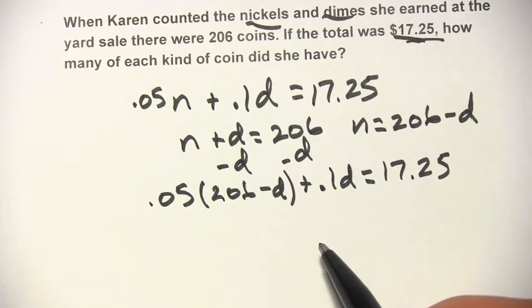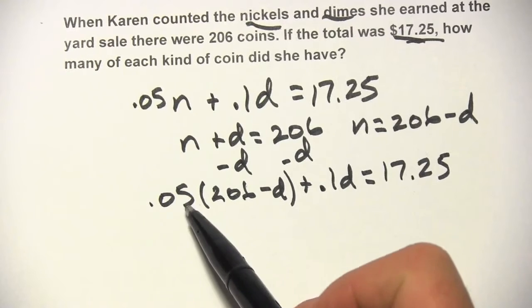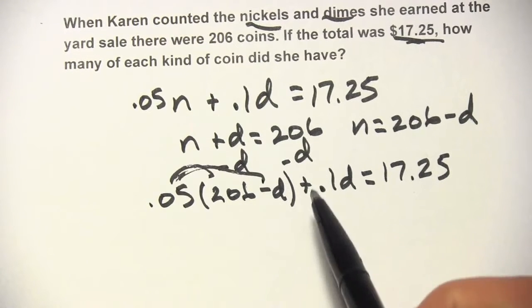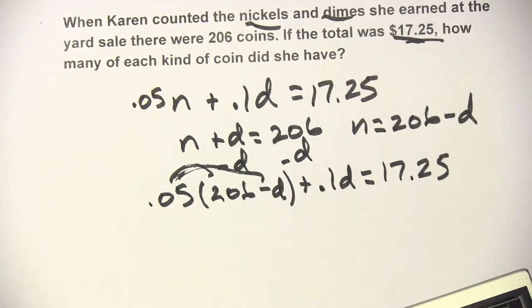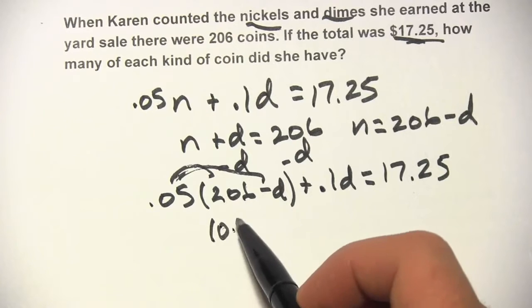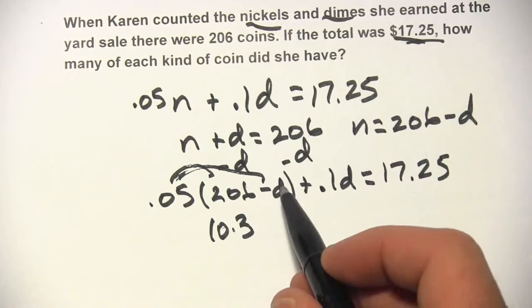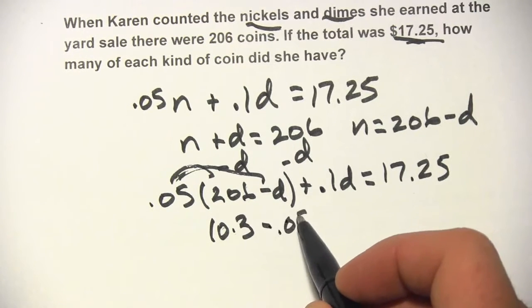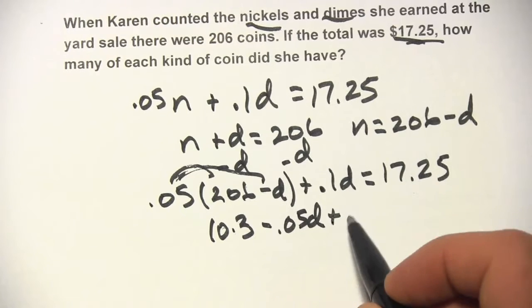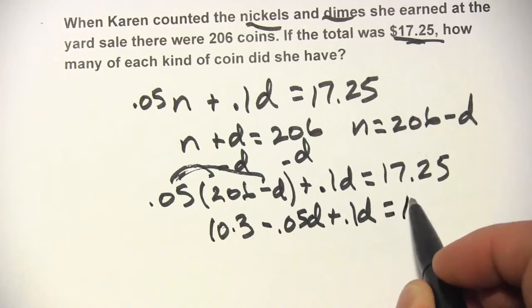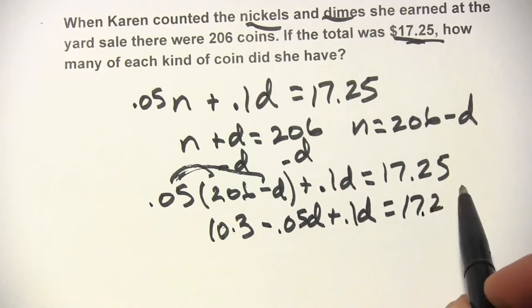Now we've got one equation, one variable. Let's distribute the 0.05. So 206 times 0.05, that's 10.3. And 0.05 times a negative d is minus 0.05d plus 0.1d equals 17.25.